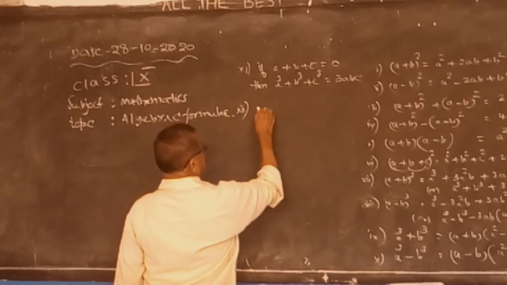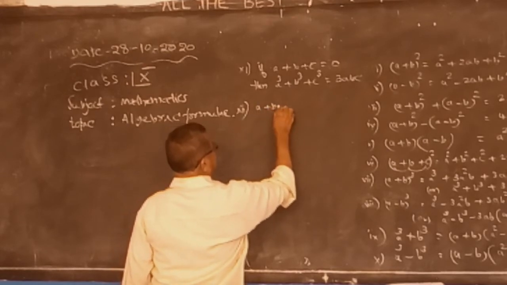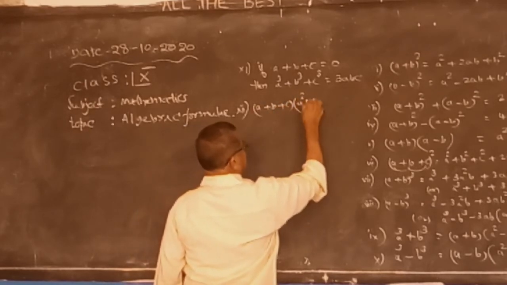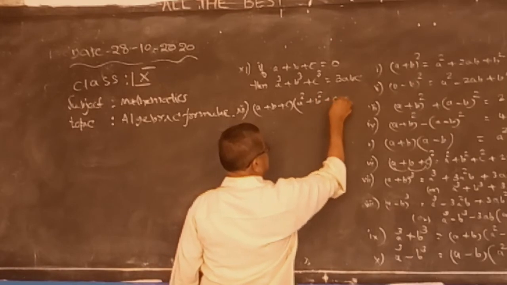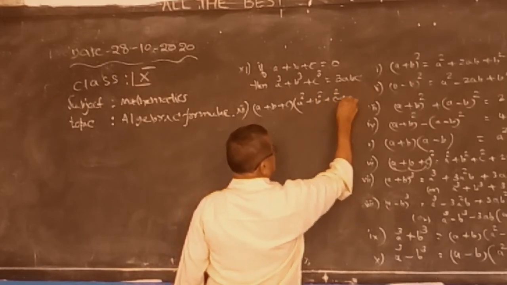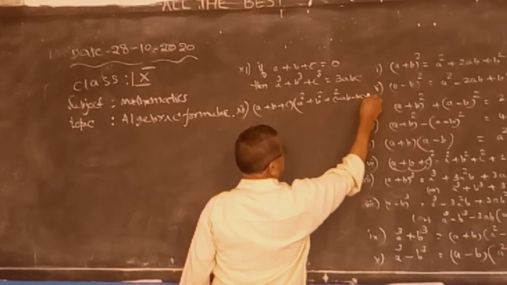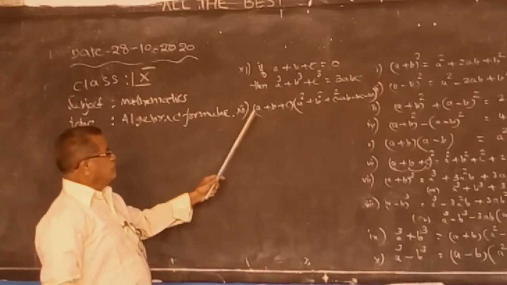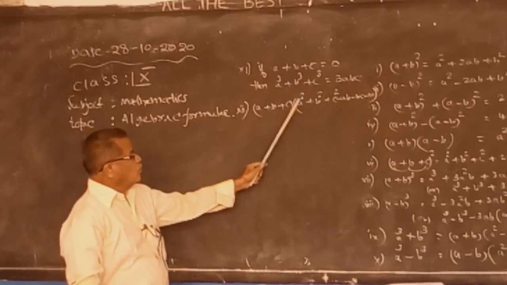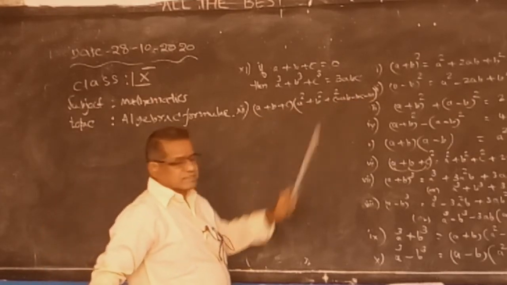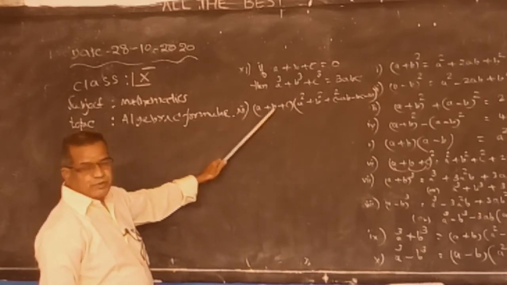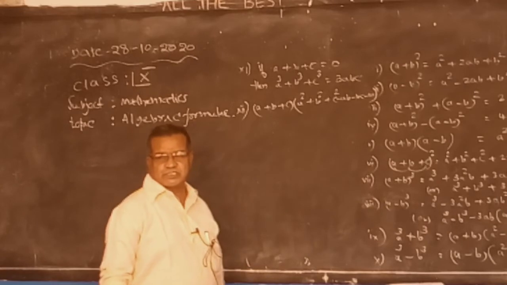12. (a plus b plus c) into (a square plus b square plus c square minus ab minus bc minus ca). When we multiply, keep a aside, we get 6 terms. When we multiply with b, again we get 6 terms.